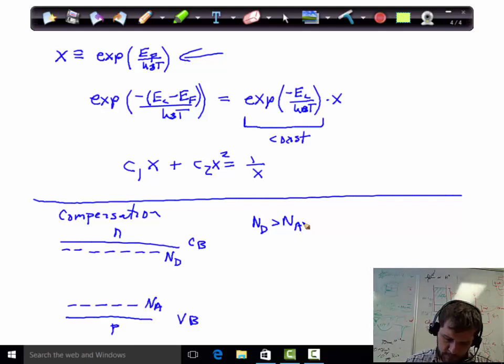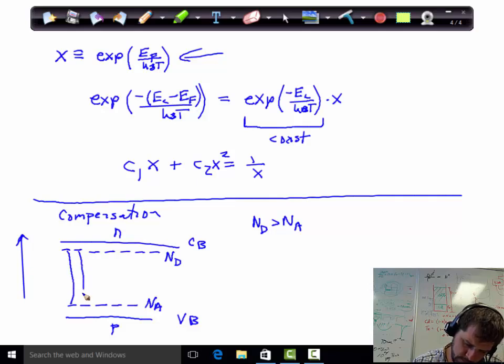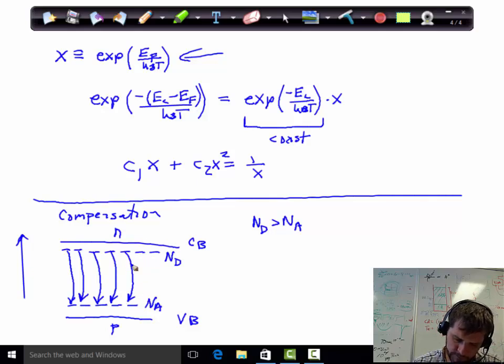But what's going to happen is the effective number of donors that will contribute to the N, the free carrier population in the band, is actually going to go down. So in order to minimize their energy, for each acceptor, one of the electrons from one of the donors will drop down and fill that state. So remember that electrons like to fill just like water in a bucket.